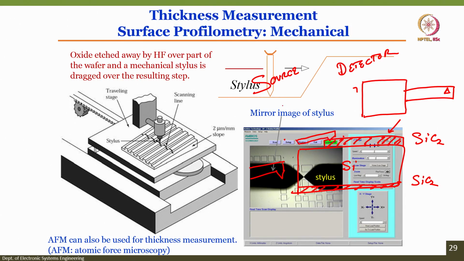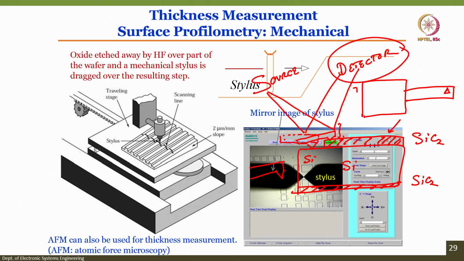Initially it was in this position, so the source light falling went to the detector. Now there is a change in the angle of the cantilever because of the thickness of the silicon dioxide, because of the step. So the light that falls on the detector after reflecting from the cantilever will be different compared to the original cantilever when it was on the silicon.